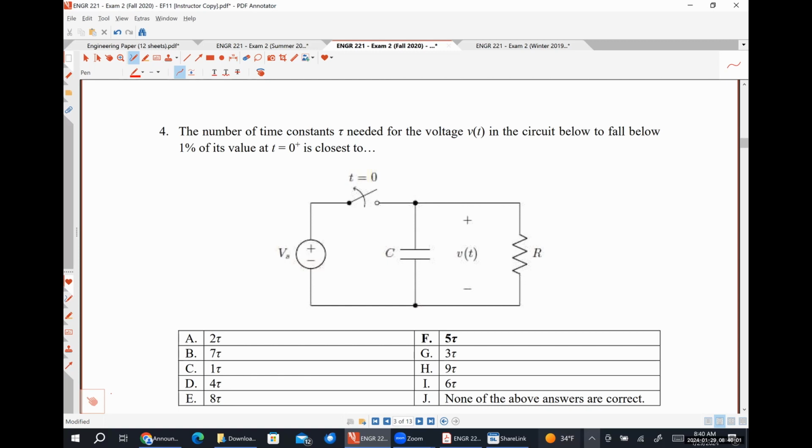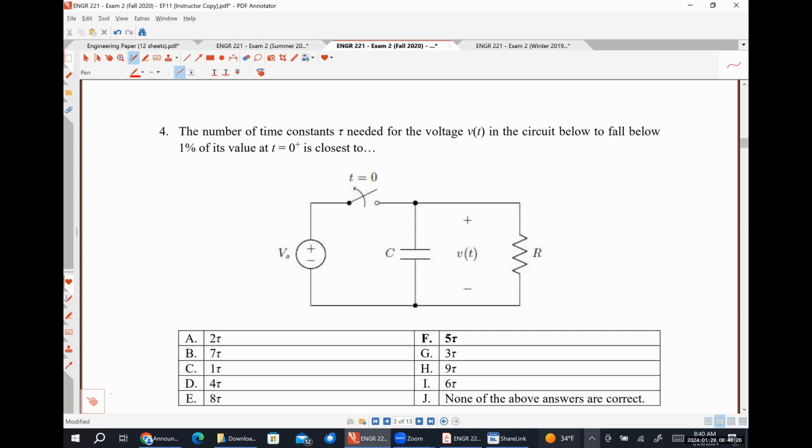In 2 time constants, it's going to be e to the minus 2, 3 time constants, e to the minus 3, et cetera, because that's literally how a time constant is defined, as the amount of time it takes for it to drop to the ratio of the final value over the initial value is e to the minus 1 in 1 time constant, e to the minus 2 in 2 time constants, et cetera.